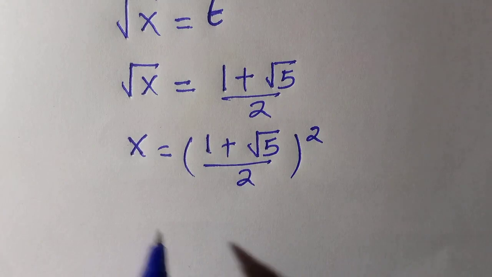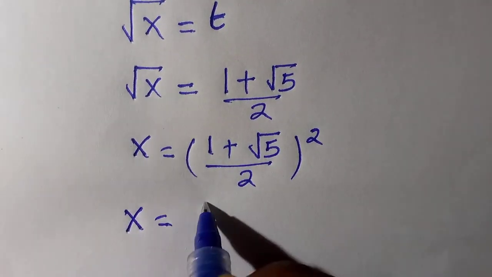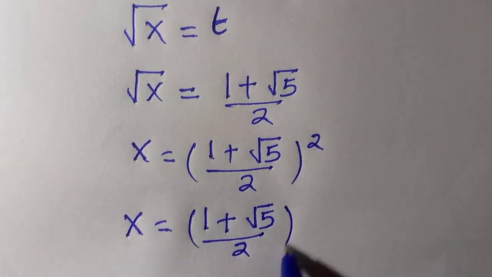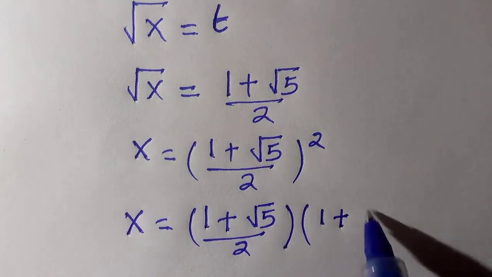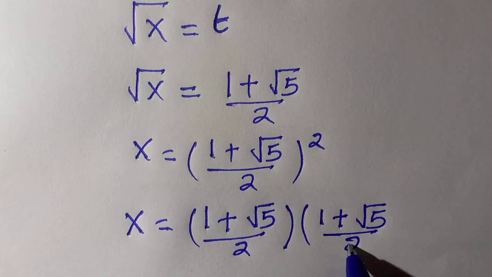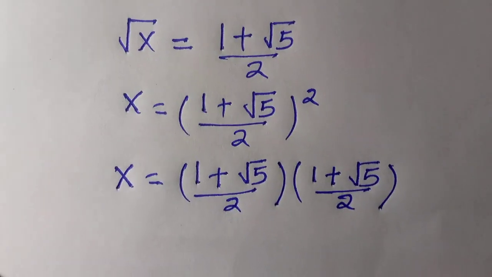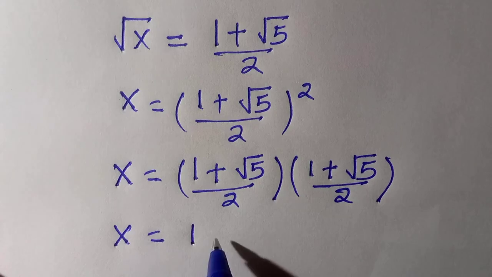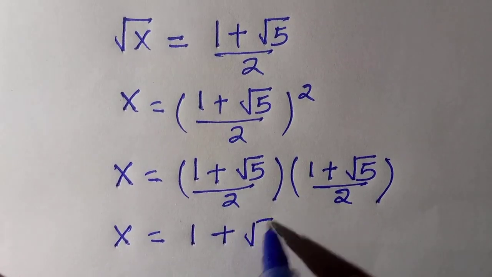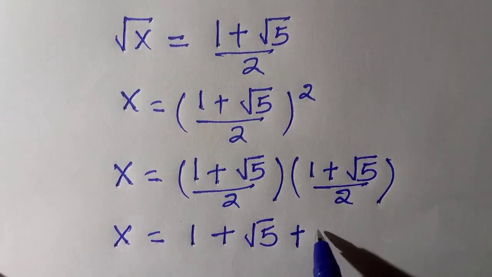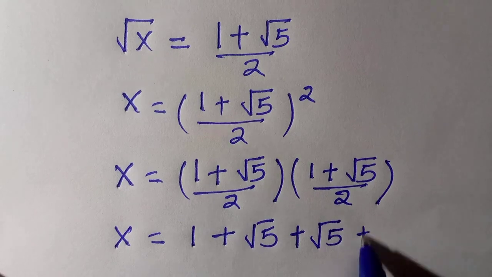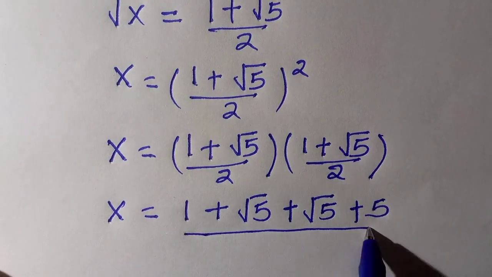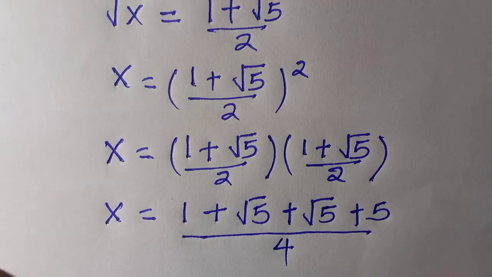So by rewriting this one two times, we have x equals 1 plus square root of 5 divided by 2 bracket 1 plus square root of 5 divided by 2. Let's try to expand this. X equals 1 multiplied by 1, we have 1 plus 1 multiplied by root 5, we have root 5 plus root 5 multiplied by 1, we have root 5 plus root 5 multiplied by root 5, that is 5. Divided by 2 multiplied by 2, we have it as 4.